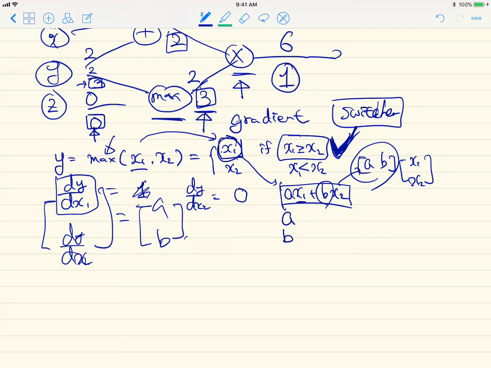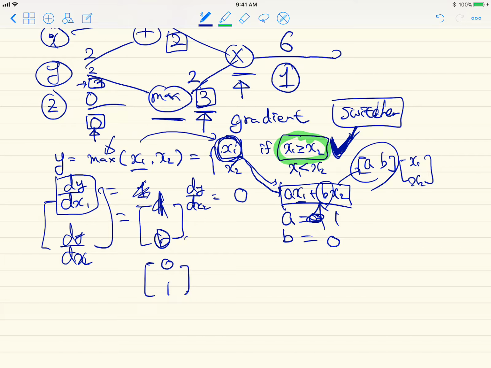So in this case, if we plug this x1 into this form, that corresponds to a being 1 and b being 0, and thus (1, 0) will be our gradient. We are still talking about this case, right? And then in the other case, we have x2, and thus the gradient will be (0, 1).